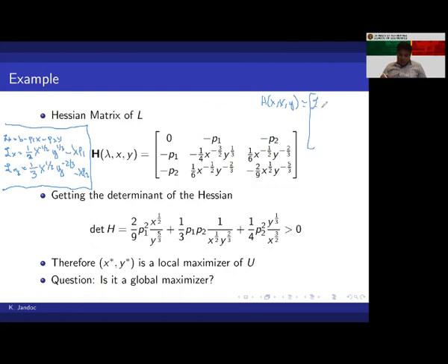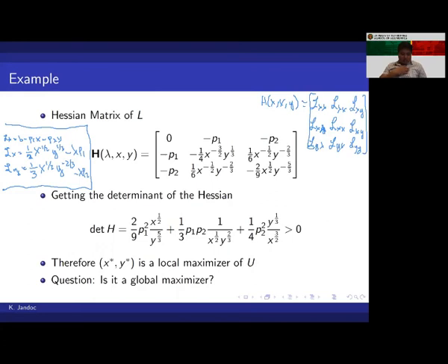So in this case, it's L lambda lambda, L lambda x, L lambda y, L x lambda, L x x, L x y, and this is L y lambda, L y x, and then L y y. Okay, so these are the second order partial derivatives in this matrix, the Hessian matrix of the Lagrangian.